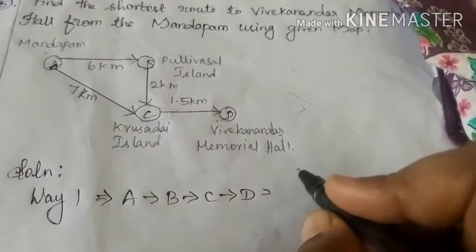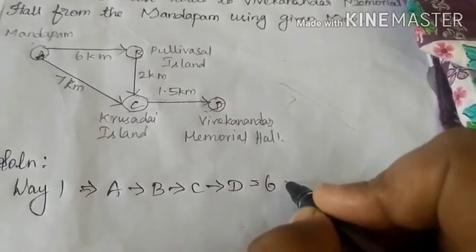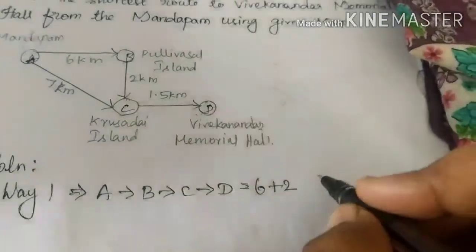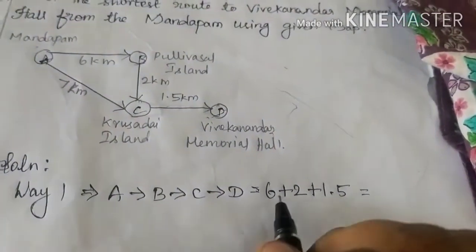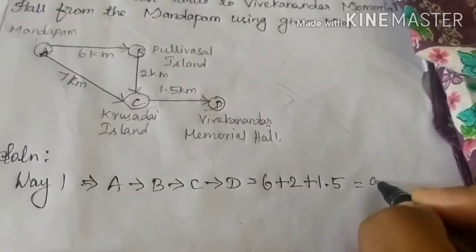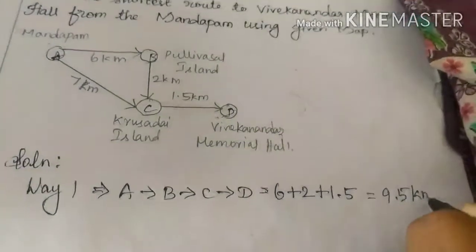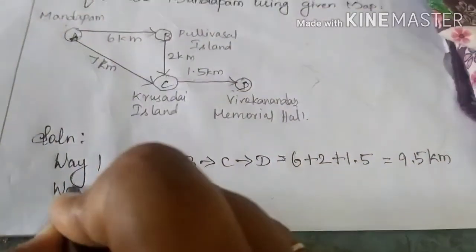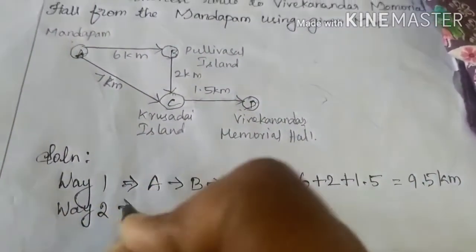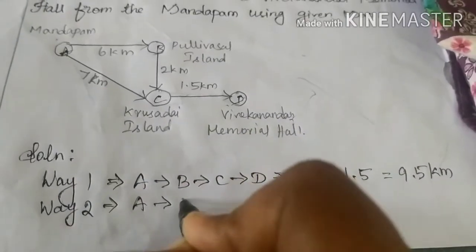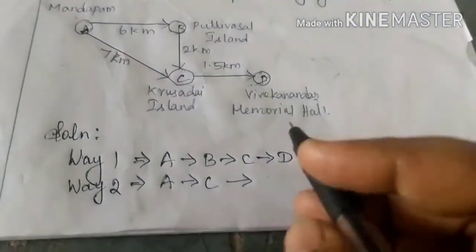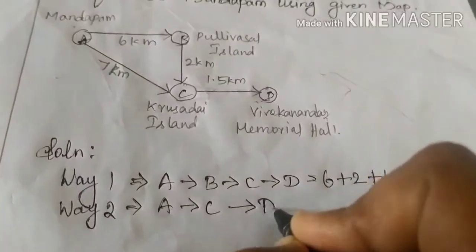So write the kilometers of that. 6 kilometer A to B plus 2 kilometer B to C plus 1.5 kilometer C to D. Total is 9.5 kilometer. Okay, now go to way 2. Way 2 is A to C, C to D. So D is here.